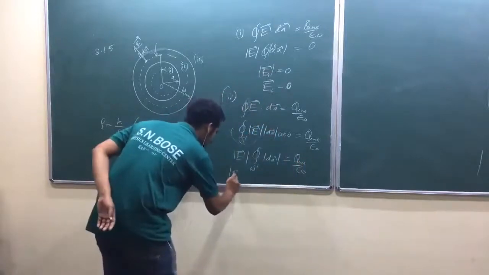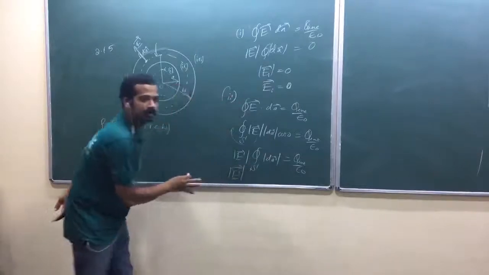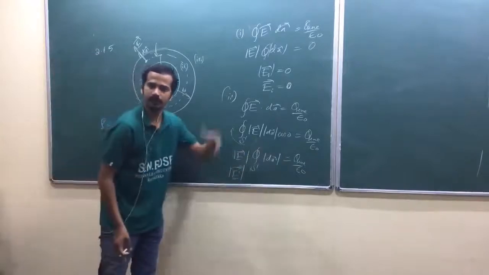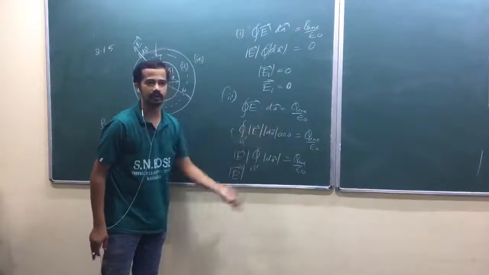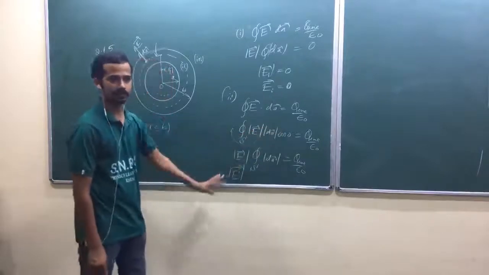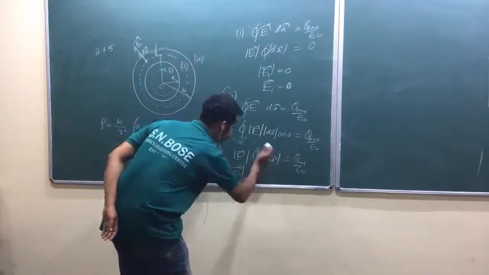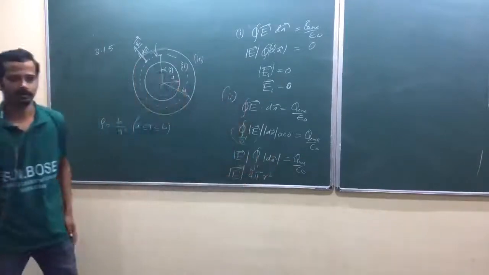I told you in the morning, this part will be the same for spherical symmetry. Even if you go for coordinate geometry, if you write the dA vector and integrate over theta and phi, you will get this part the same. Only the other part will differ from problem to problem. Observe that one. What is this now? 4 pi r square, that is the surface area.